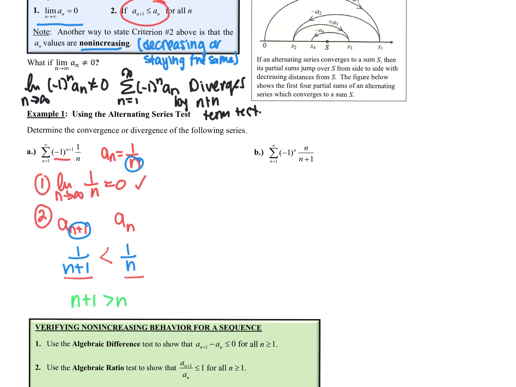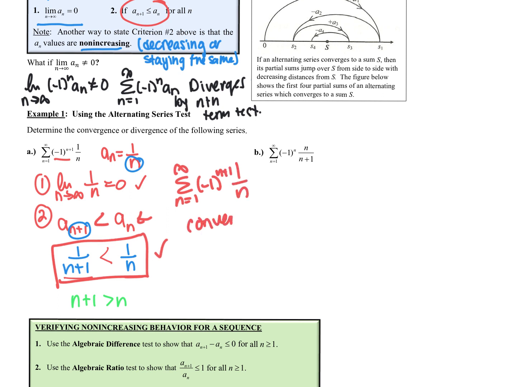We wanted to show that a sub n plus 1 is less than or equal to a sub n. So this right here shows that this is true. So this is our second part. So then we would just say that the series converges by the alternating series test.